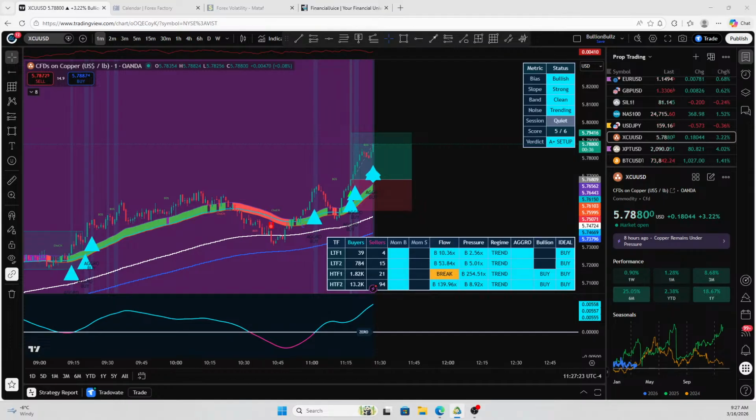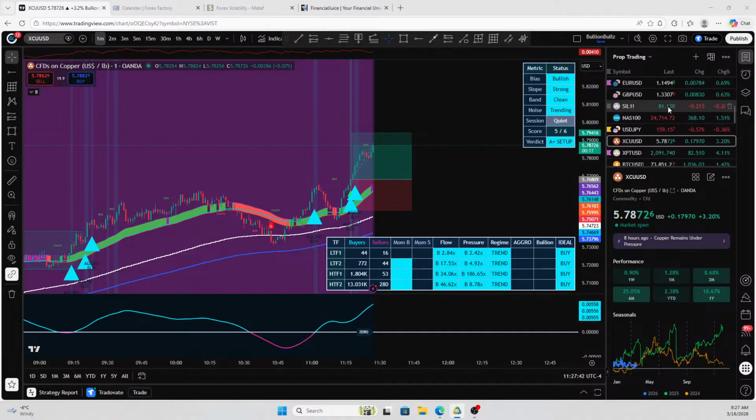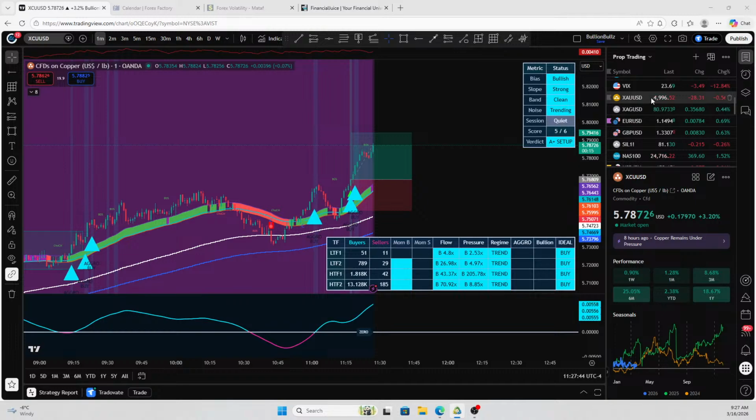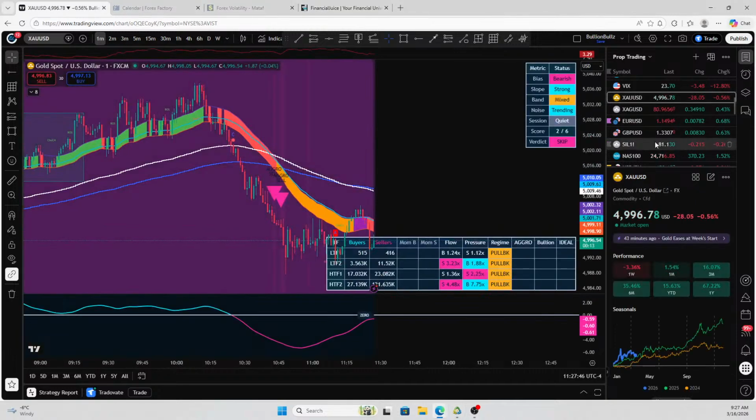This is the kind of trade setup that we are looking for. We're looking for price closing above the previous day high or below the previous day low, giving us a trend, and then within that trend giving us volume, and then us taking the setup within that volume and hitting our profit target. A minimum 1:1.5 is what we are looking for.